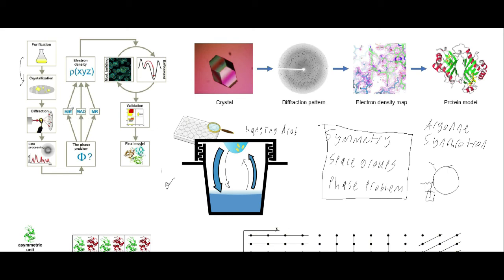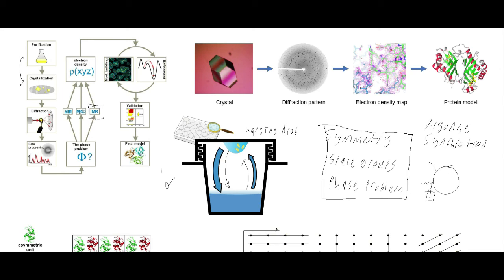There's multi-isomorphous replacement, there's multi-wavelength anomalous dispersion, and the molecular replacement, which is kind of the one you hope to have. It's a little bit easier.